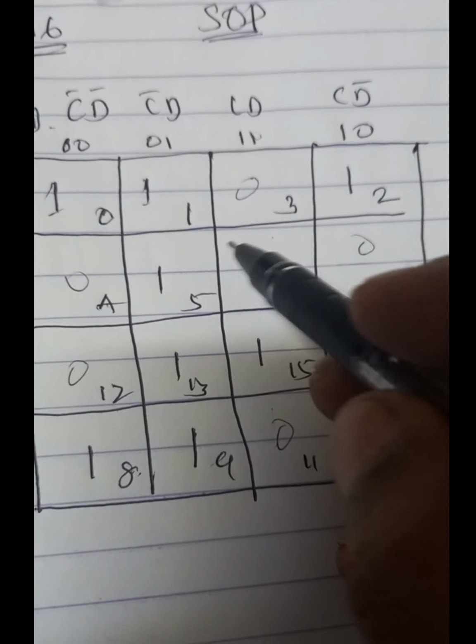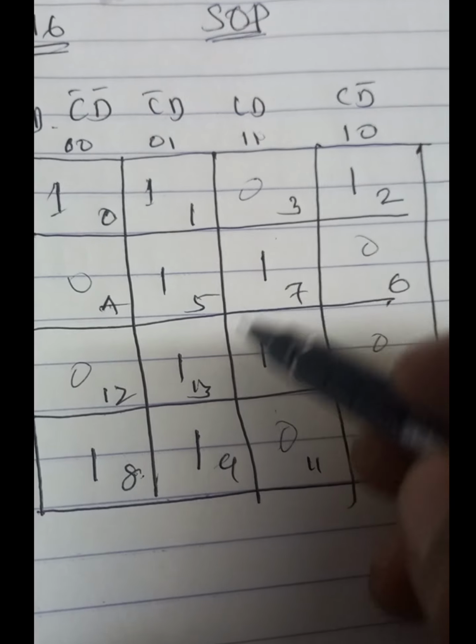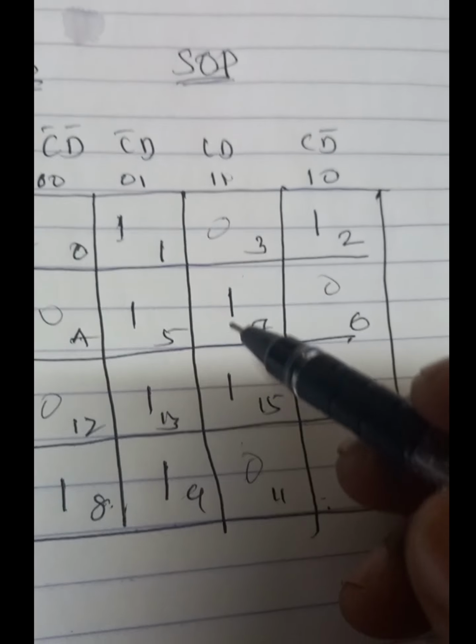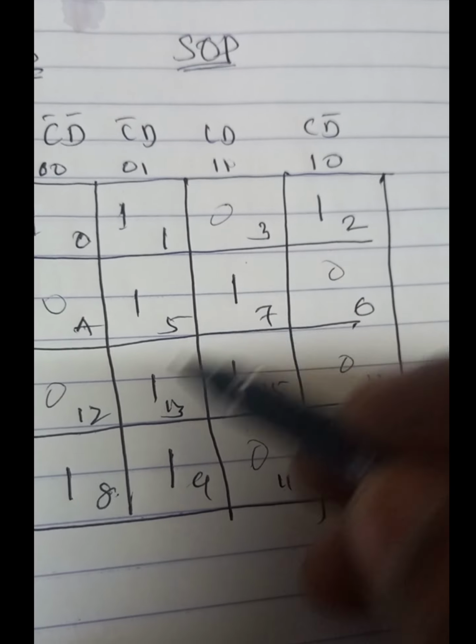The grouping can be done horizontally or vertically. We can't make diagonal groupings.